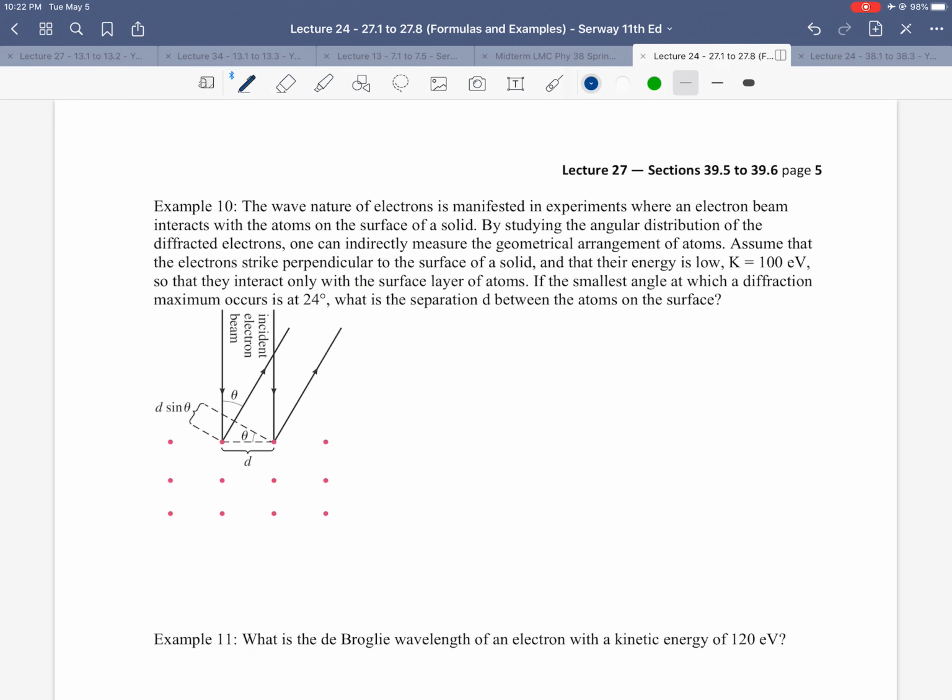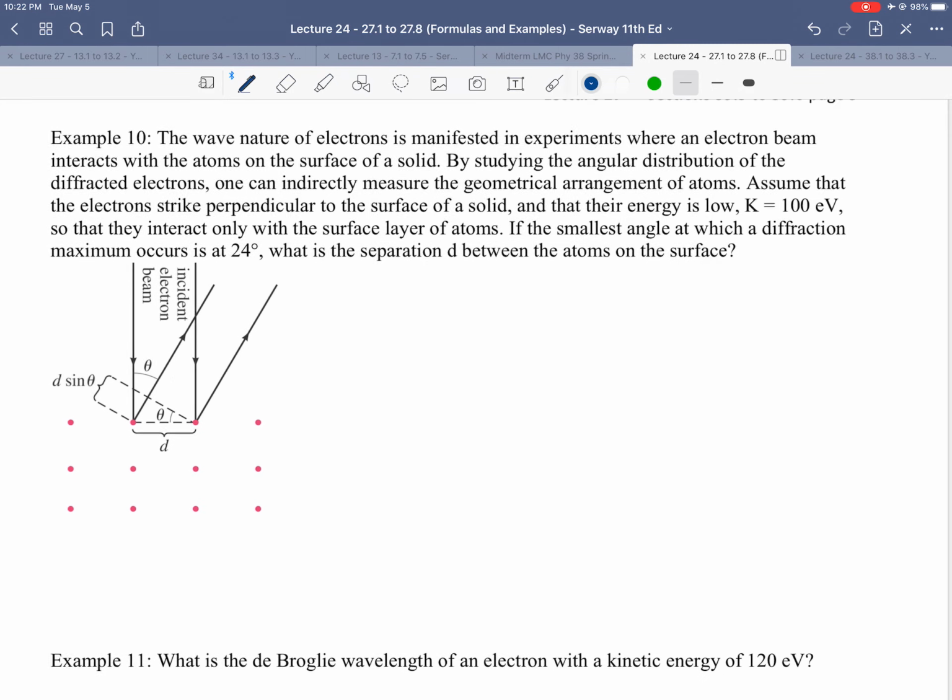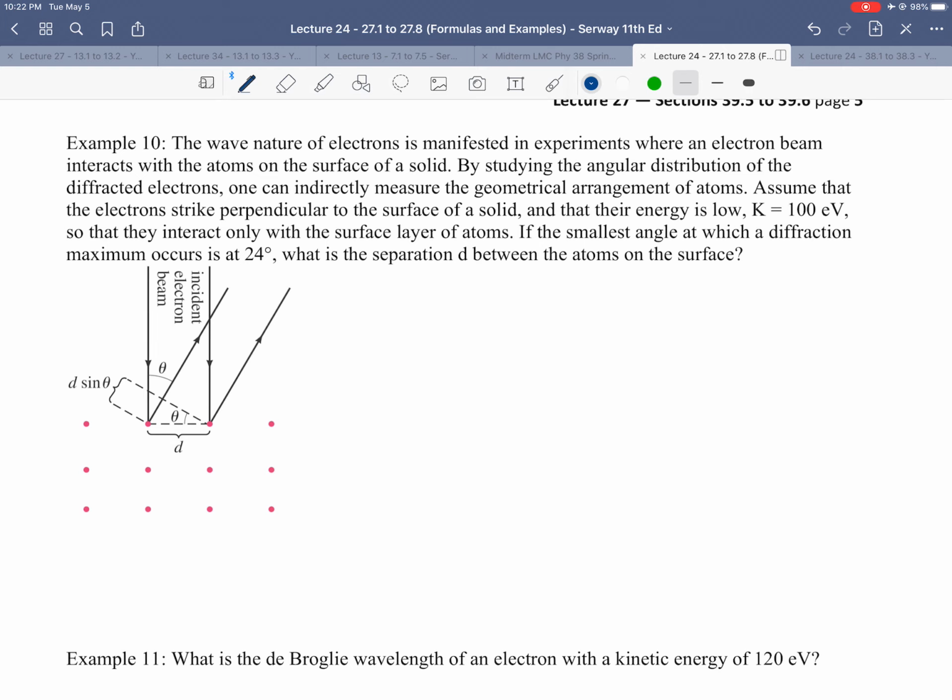All right, so we'll move on past our examples of Compton scattering to our first example of electrons behaving like a wave. In this example, we are told that the wave nature of electrons is manifested in experiments where an electron beam interacts with the atoms on the surface of a solid.